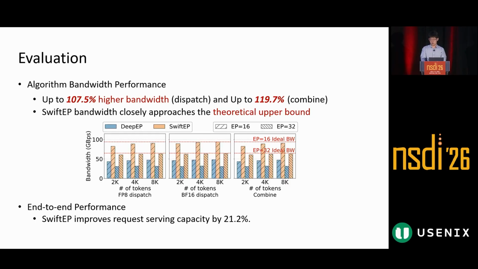SwiftEP improved dispatch bandwidth by up to 177.5% and combine bandwidth by 190.7%. More importantly, the measured bandwidth gets much closer to the theoretical upper bound, showing that TMA offloading is very effective. Compared to DeepEP, SwiftEP improved the request serving capacity by 21.2%.